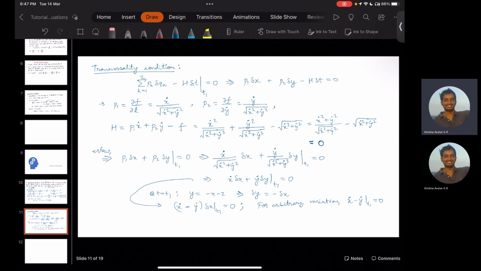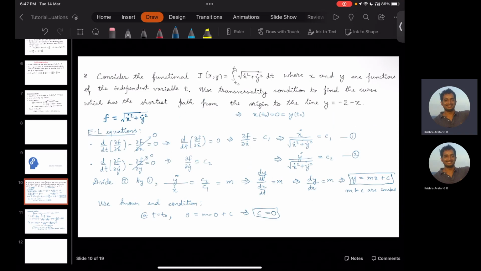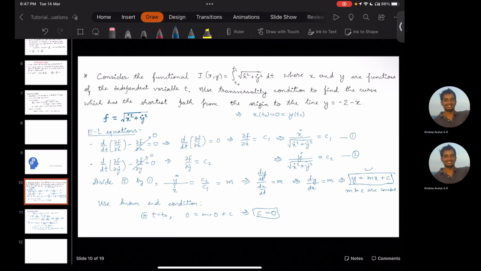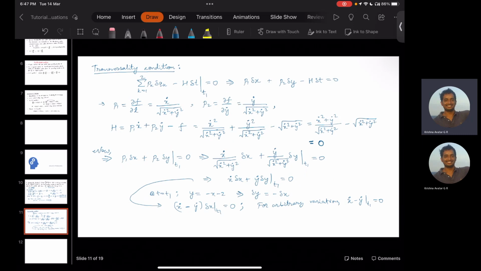Now what we can do here is, we had determined y as a function of x, right? So then what we say is, given y is equal to mx, our goal was to determine the value for m, so we'll use this condition to obtain the value of m.